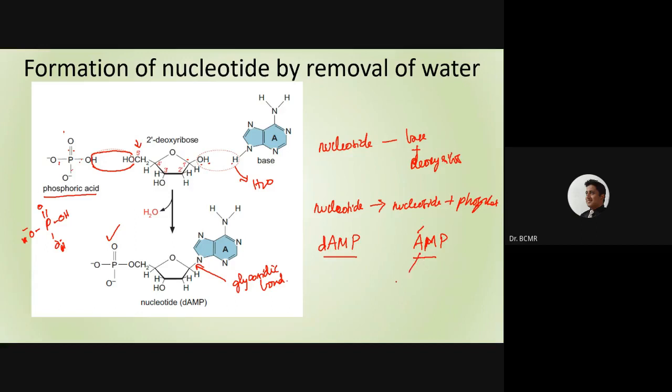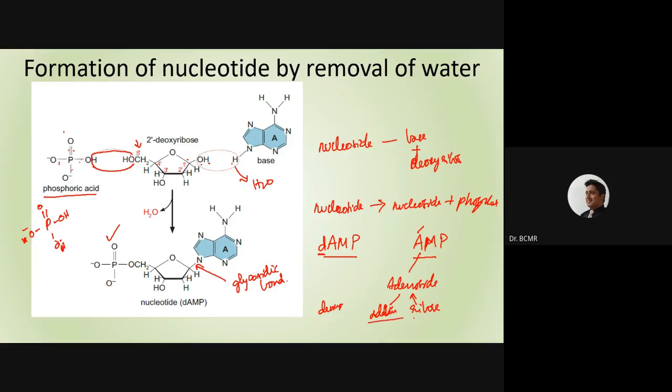That means adenosine includes adenine bound with a ribose or deoxyribose. If I put a d here, that means it is deoxyribose. That will be DNA. Whereas if I did not put d, that means it is ribose.